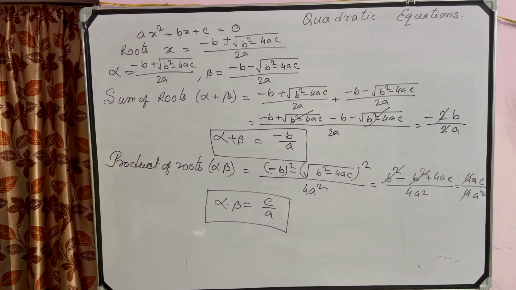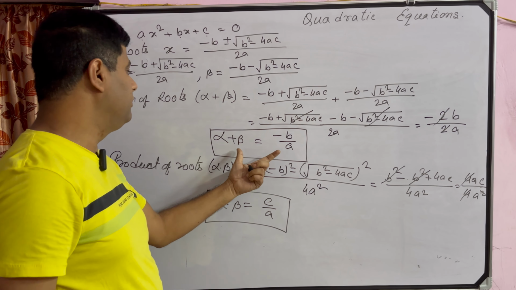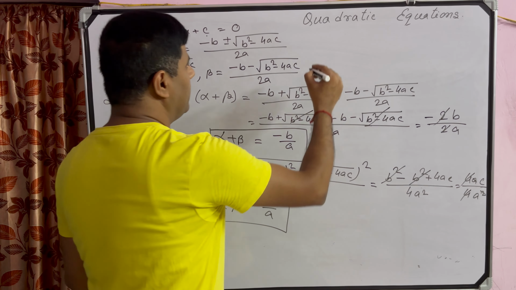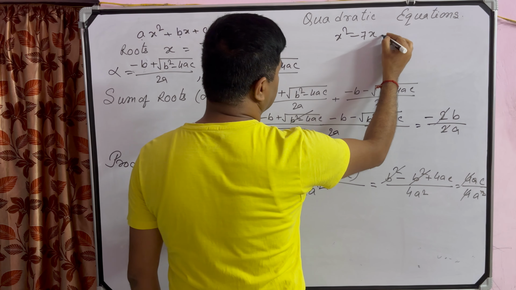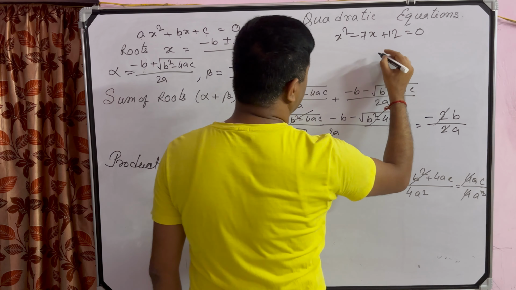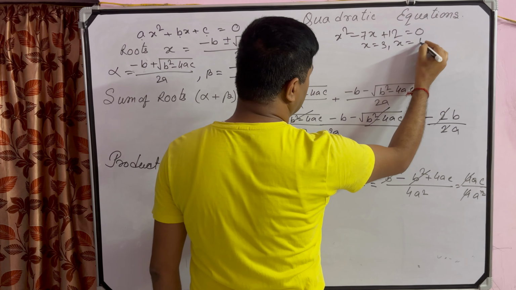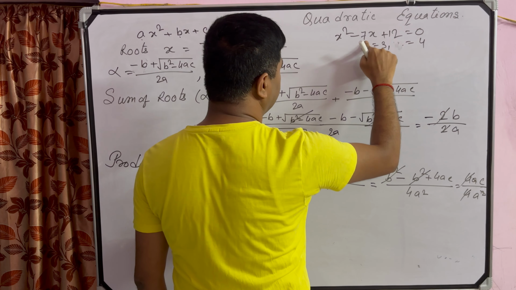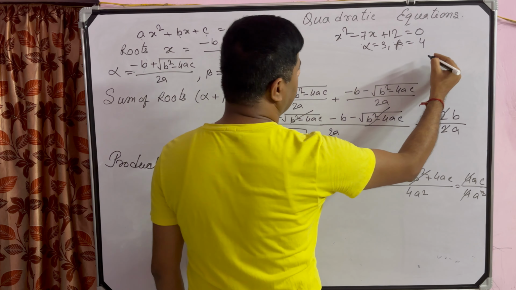If I get to know alpha plus beta and alpha into beta, c by a, you can check some answers using this also. Suppose I'm taking the first question which I have taken earlier, x square minus 7x plus 12 equal to 0, and I got here x equals 3 and x equals 4. This means I can say alpha equals 3 and beta equals 4, correct? So what is the value of alpha plus beta?